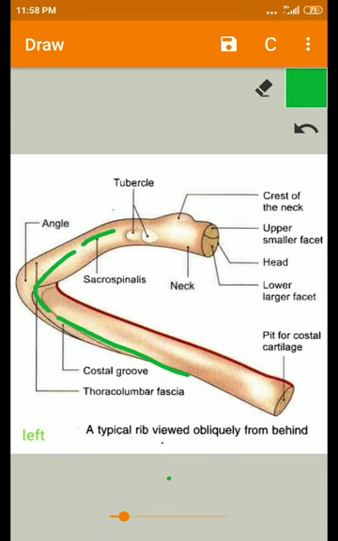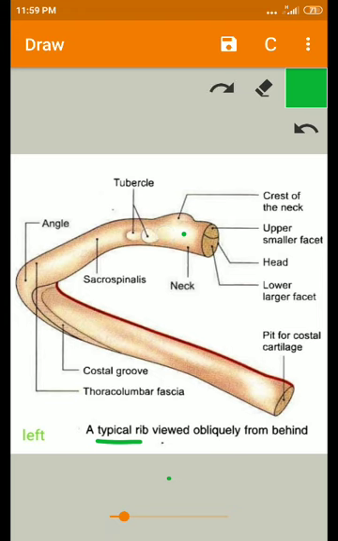Now we are going to see a left side typical rib, viewed from posterior to anterior. So this is the posterior aspect and this part is the anterior aspect. We are viewing this bone posteriorly.